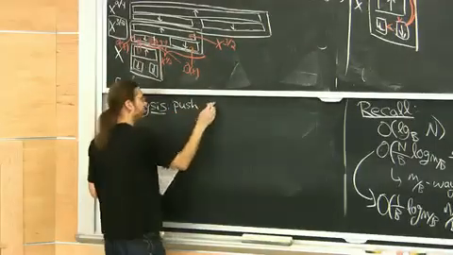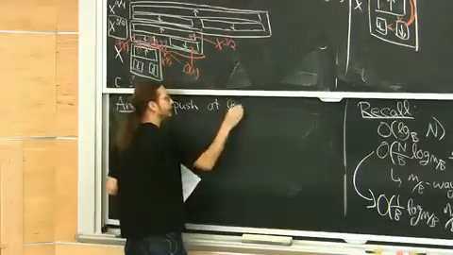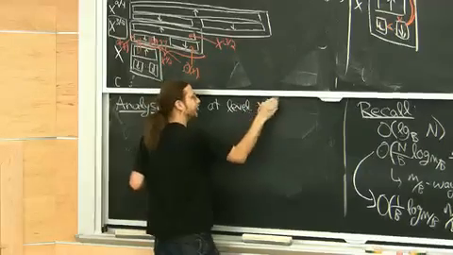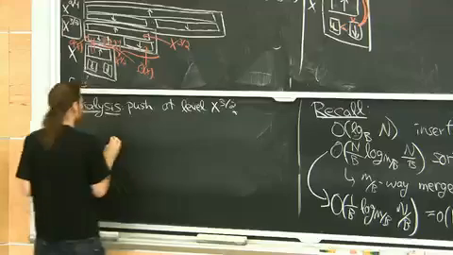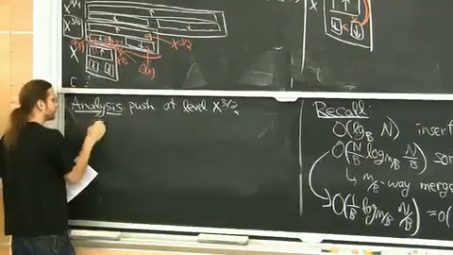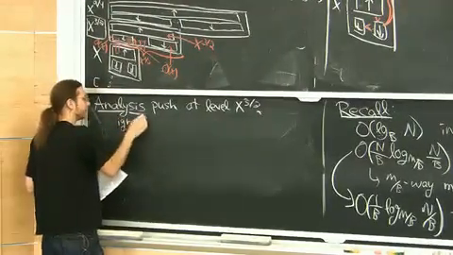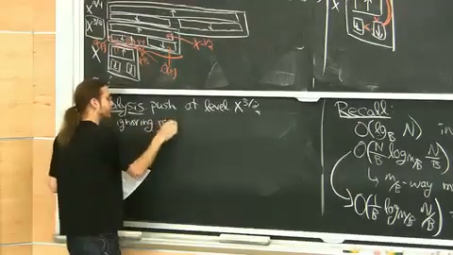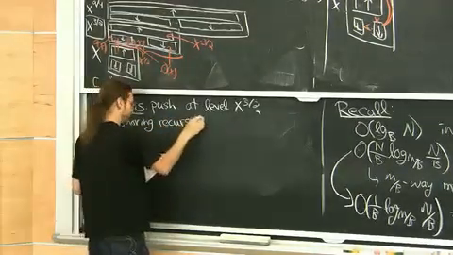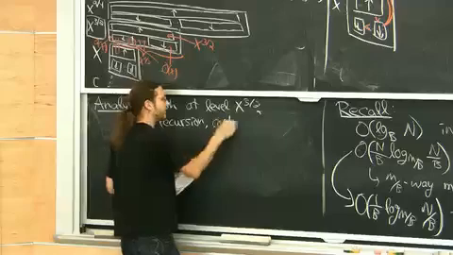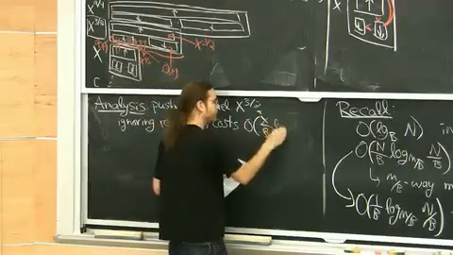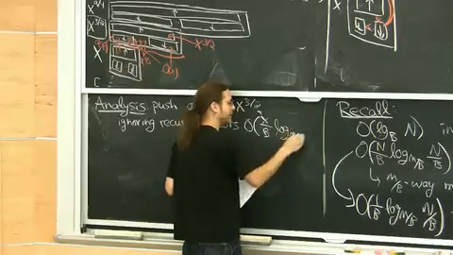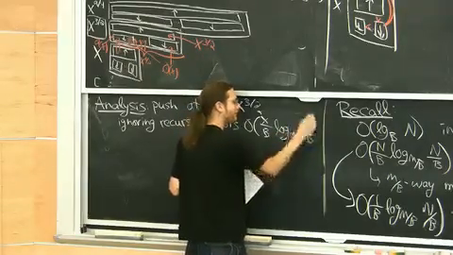So the claim is, if we look at the push at level x to the 3/2, which is what we just described, and we ignore the recursion, then the cost is x over b log base m over b of x over b.